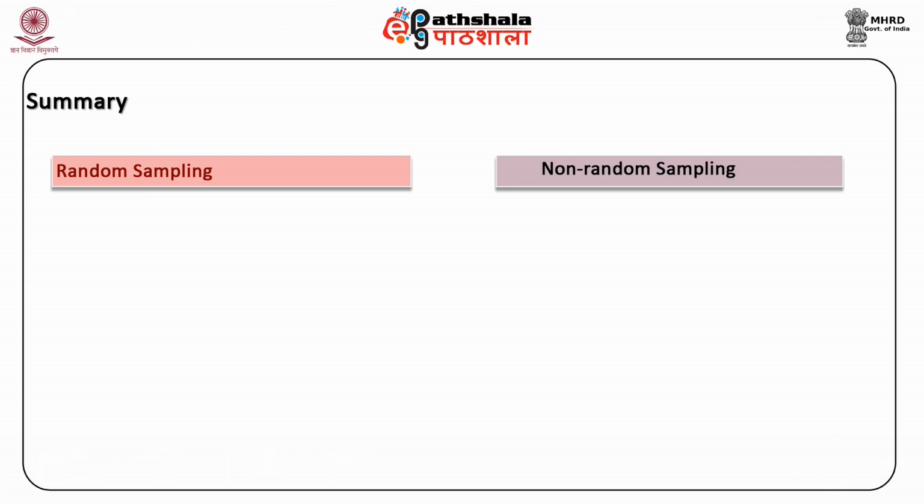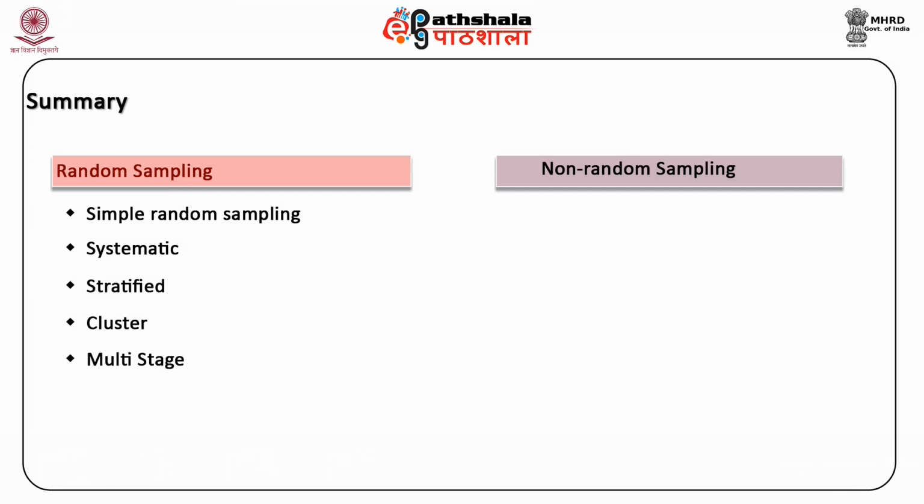You have also learned about the characteristics of different methods of collecting data within random sampling, like simple random sampling, systematic, stratified, cluster, multi-stage, and non-random sampling like quota sampling, convenience sampling, volunteer sampling, and purposive sampling. Let us now summarize what we have learnt in this module.